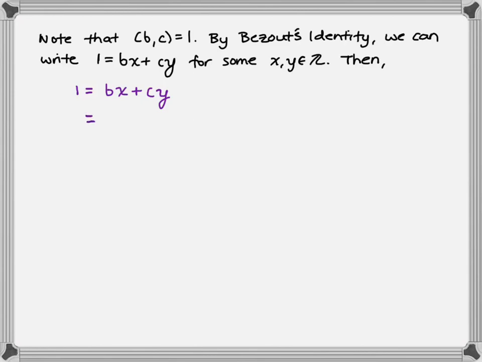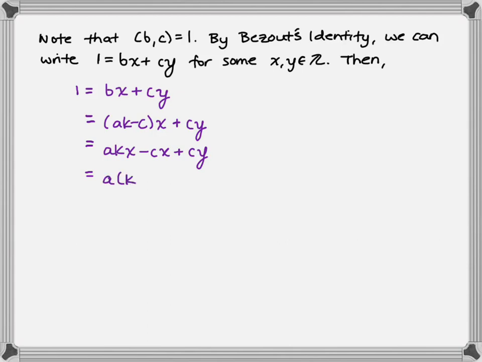And then if we go back to the fact that B plus C is equal to A times K, and this time we subtract C, we can write B as AK minus C. And then we can also keep CY the same. Okay, so what we can do now is just distribute. We'll get AKX minus CX plus CY. And we can factor a C out of the last two terms here.